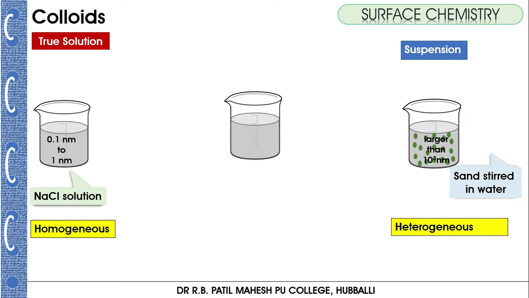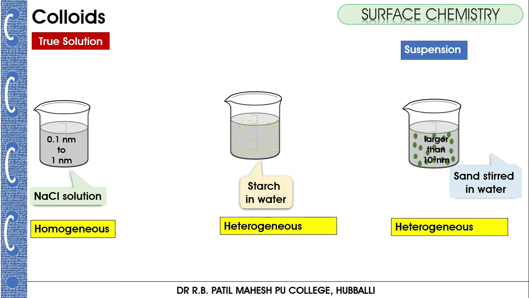Let us take a beaker, students, once again, and let us dissolve starch in it. So we dissolved starch in it. When I dissolve starch in water, I am going to get starch in water, and this is also, of course, a heterogeneous mixture, composition doesn't remain uniform throughout.